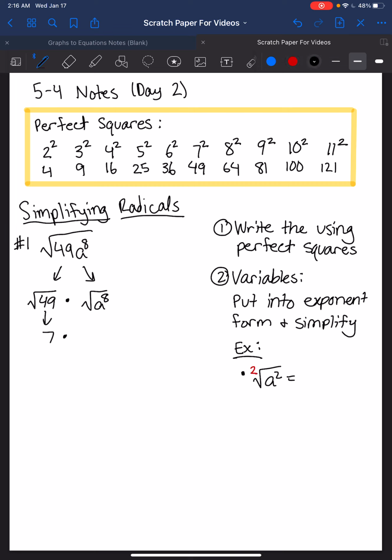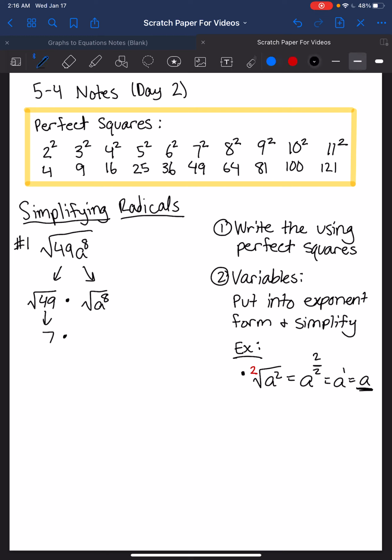And then if I rewrote this in exponent form, remember your base is a, and then your exponent is a fraction. And remember that fraction relationship is in over out. Inside number over outside number, 2 over 2. This gives me a to the first, or just a. So I can rewrite the square root of a squared as just a.